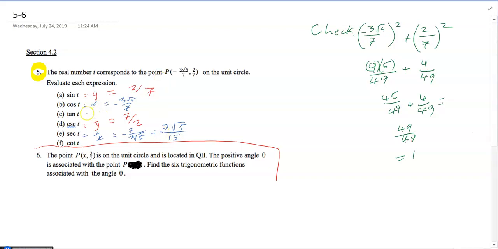Okay, the tangent now. So tan of t is equal to y over x. That would be 2 over 7 all over negative 3 radical 5 over 7. So you end up with 2 over negative 3 radical 5, and then you rationalize that to give negative 2 radical 5 over 15.